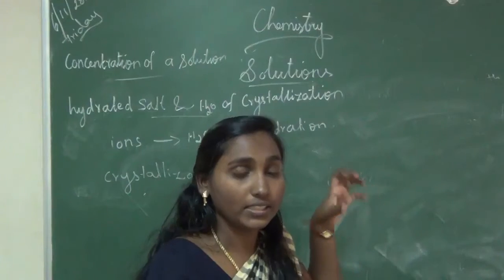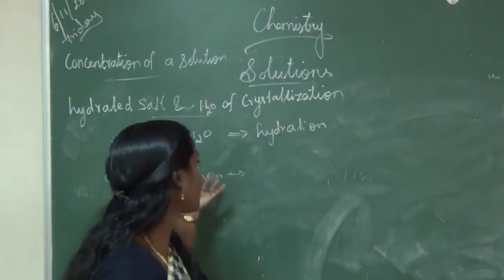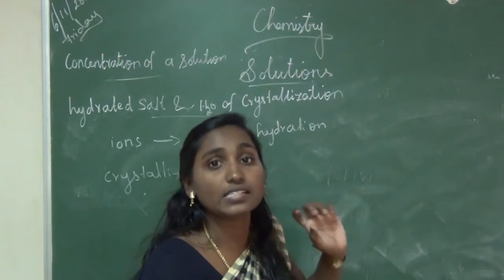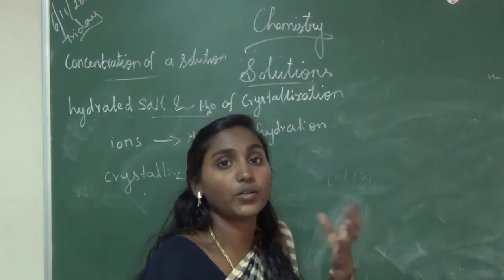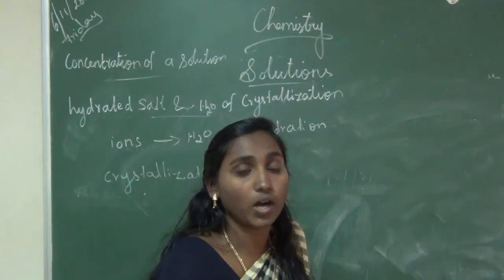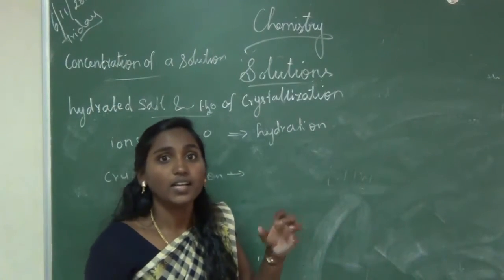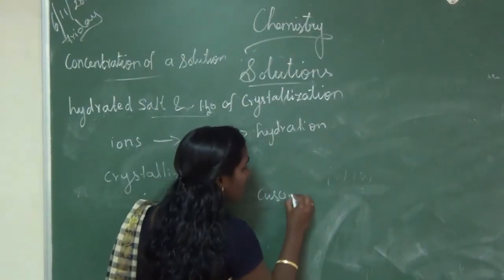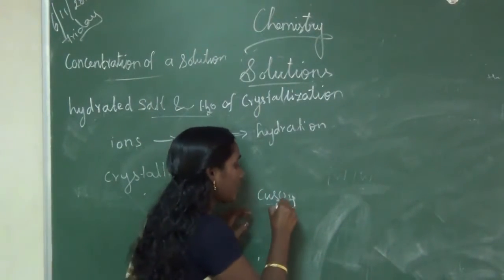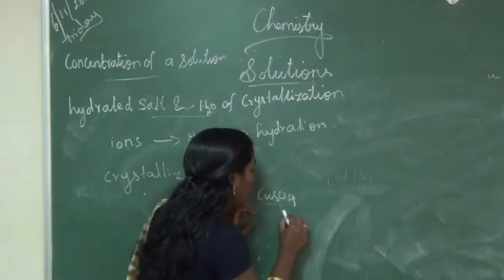When heating this crystal substance, it will lose its water molecules, and it will lose its color also. For example, copper sulfate pentahydrate is actually blue in color.